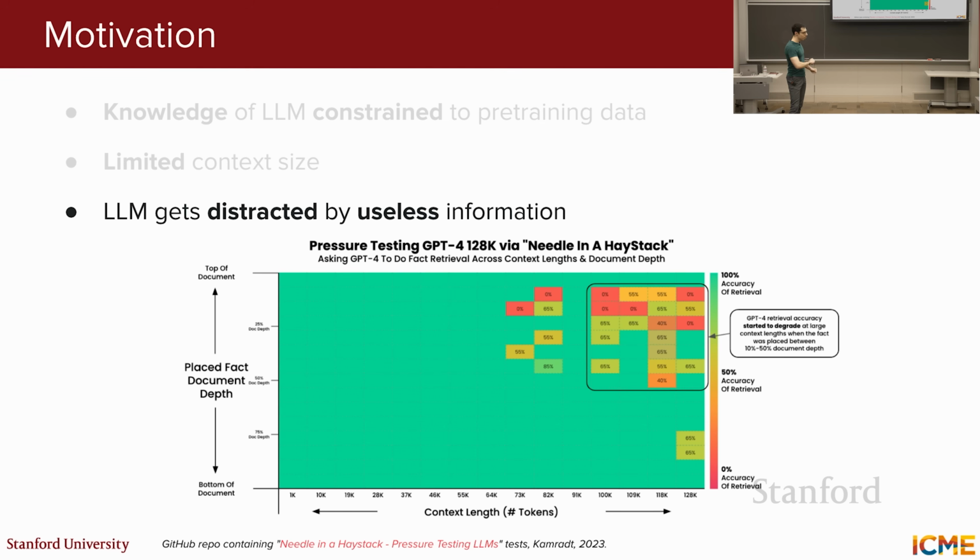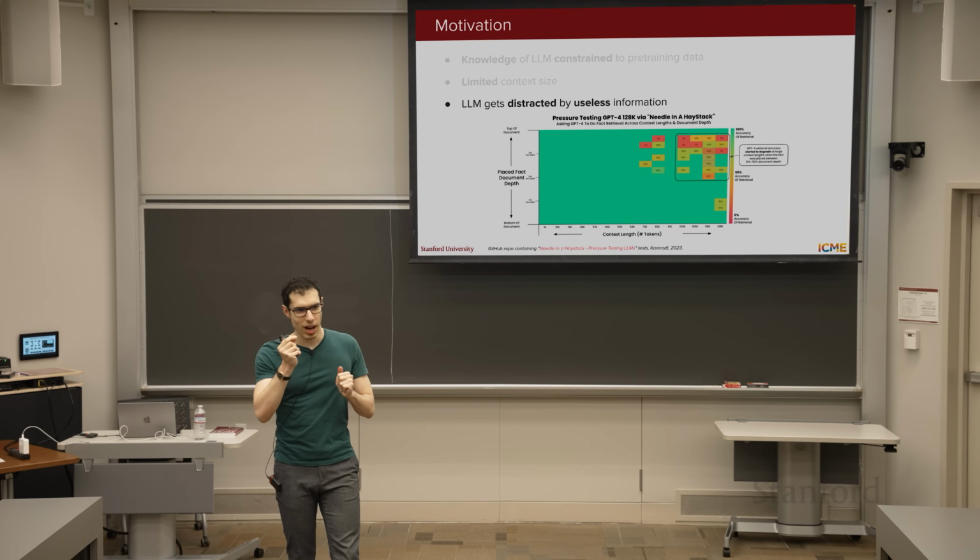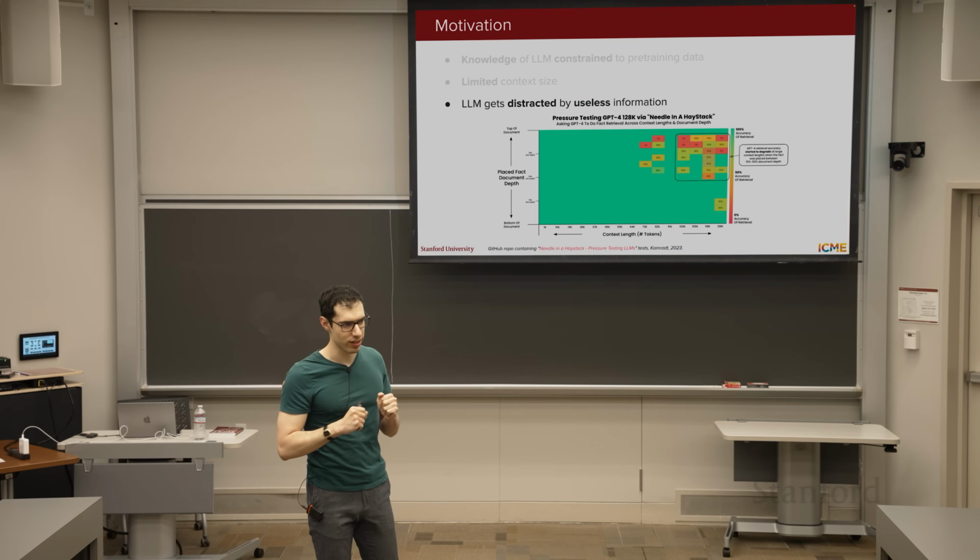And so people have run this test that's called the needle in a haystack test, where the idea is you give a big prompt to your LLM, which is your haystack, and you place a fact in the prompt, and you ask your model what that fact was.